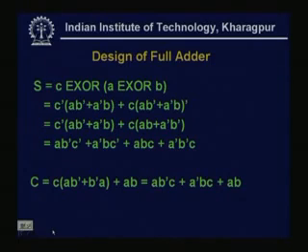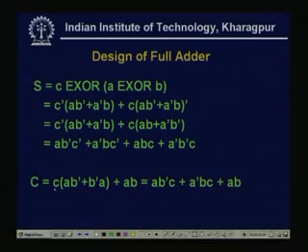Now see that C XOR A XOR B, already we have written that thing. And that C we can write as the carry, that is AB plus BC plus CA.